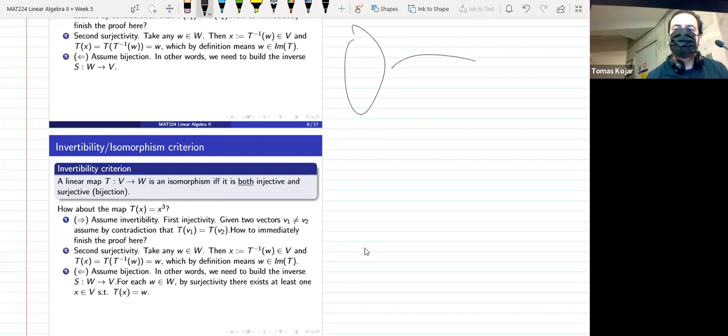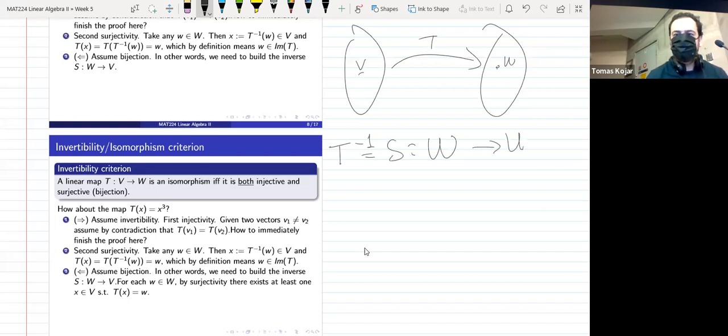You have a map from V to W, and you know the map is injective and surjective. So I need to build a map T inverse, I call it S, that goes from W to V in a well-defined way.